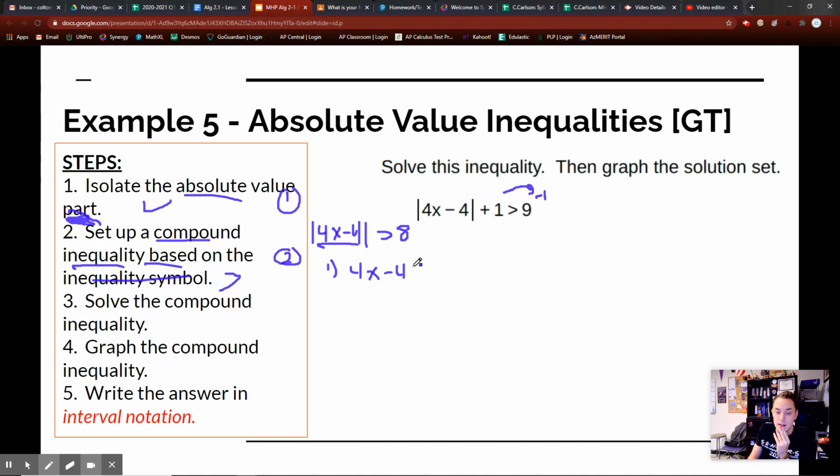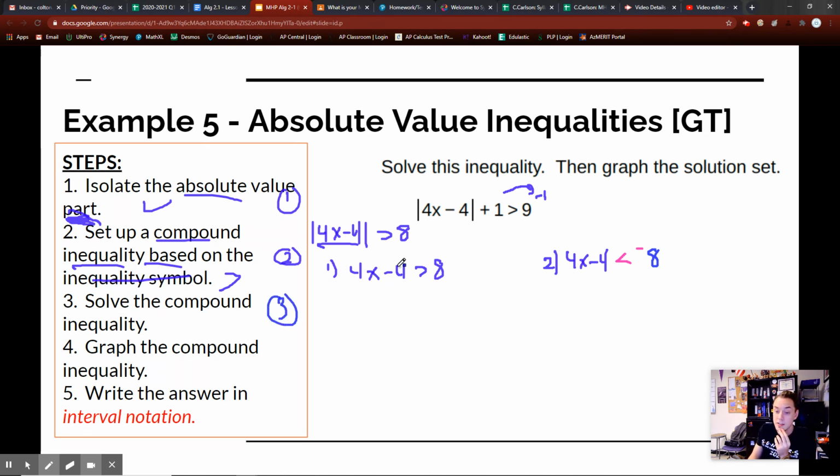And then I'm just going to drop the absolute value bars and do the exact same thing I see, greater than 8. That's my first equation. My second equation is, of course, 4x minus 4. But I'm going to change two things here: the sign, and then I'm going to tag on a negative. What's in pink here, I'm going to change the sign to a less than sign, and tag on a negative.